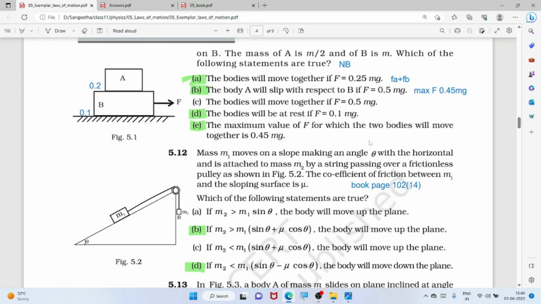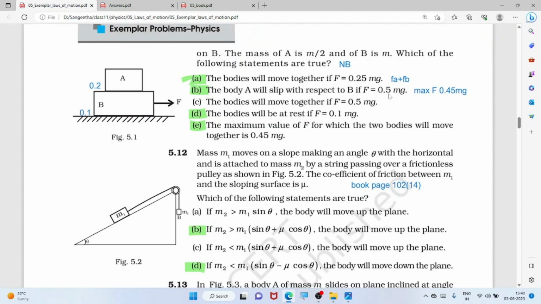Then the body will slip if it is more than Fa plus Fb, 0.45 mg. The body will slip with respect to B if F is equal to 0.1 mg.